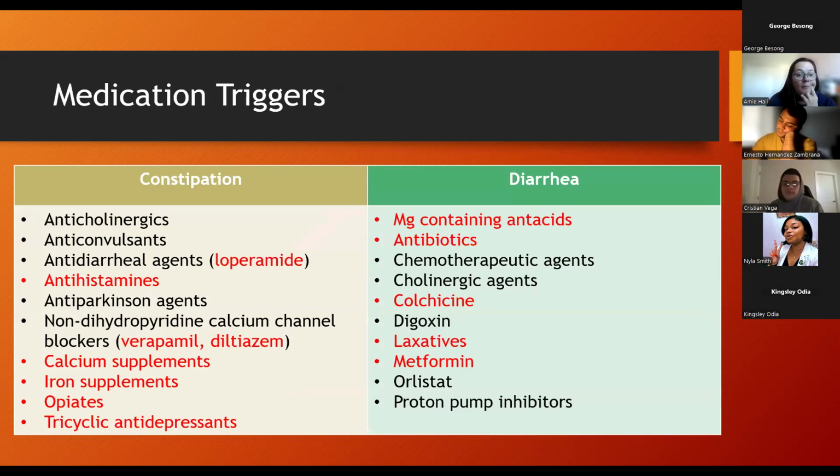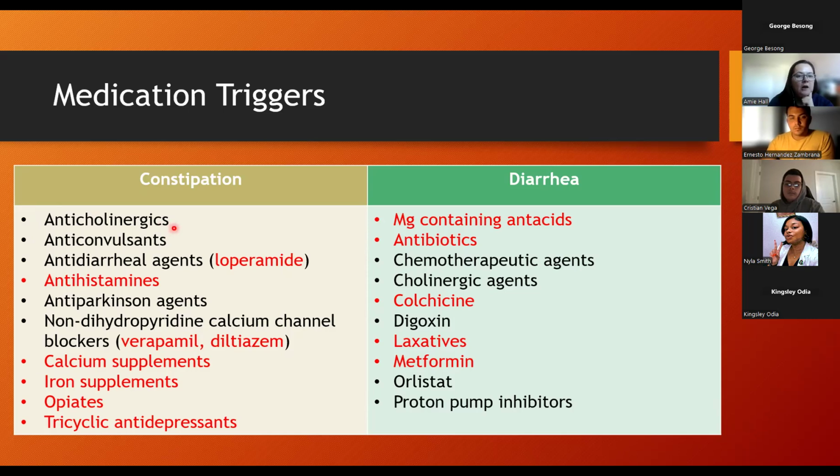Right. This is a chart you should be aware of, especially the ones that are highlighted in red. So drugs that cause constipation are anticholinergic drugs. Any drug we say is anticholinergic means can't see, can't pee, can't spit, right? So it's going to cause constipation because anticholinergics dry you out all over.